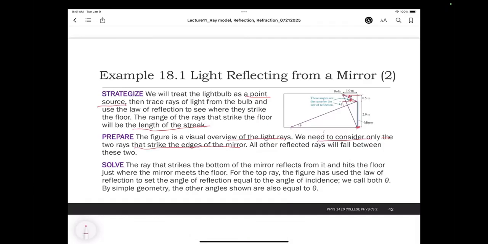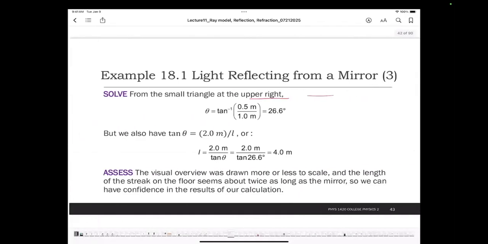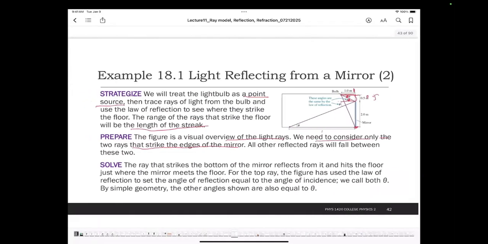This is basic geometry, am I right? And this one equals this one. So this distance we know is 1, this distance we know is 0.5, which means we can easily calculate this angle.